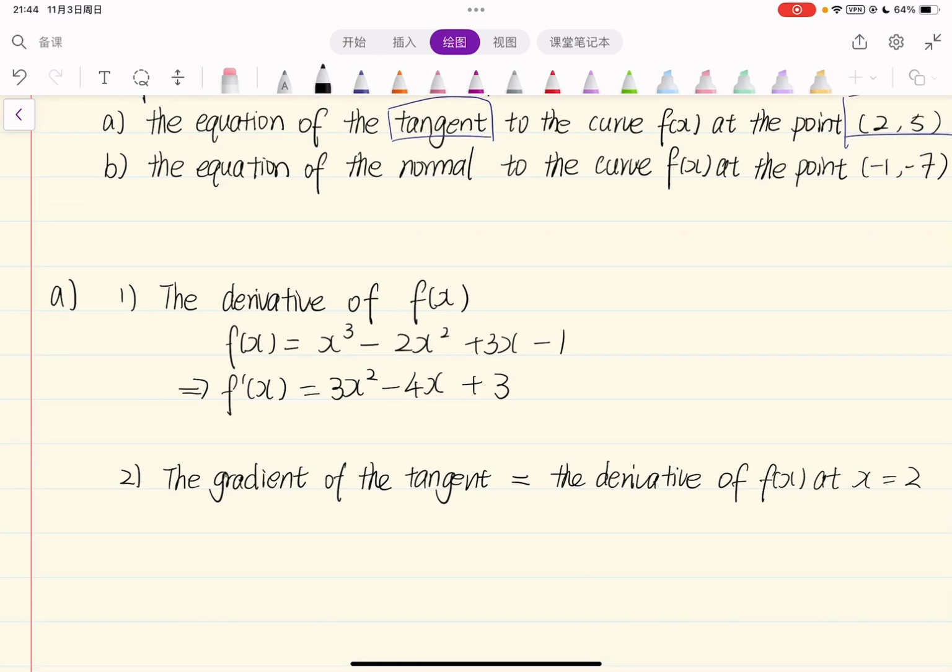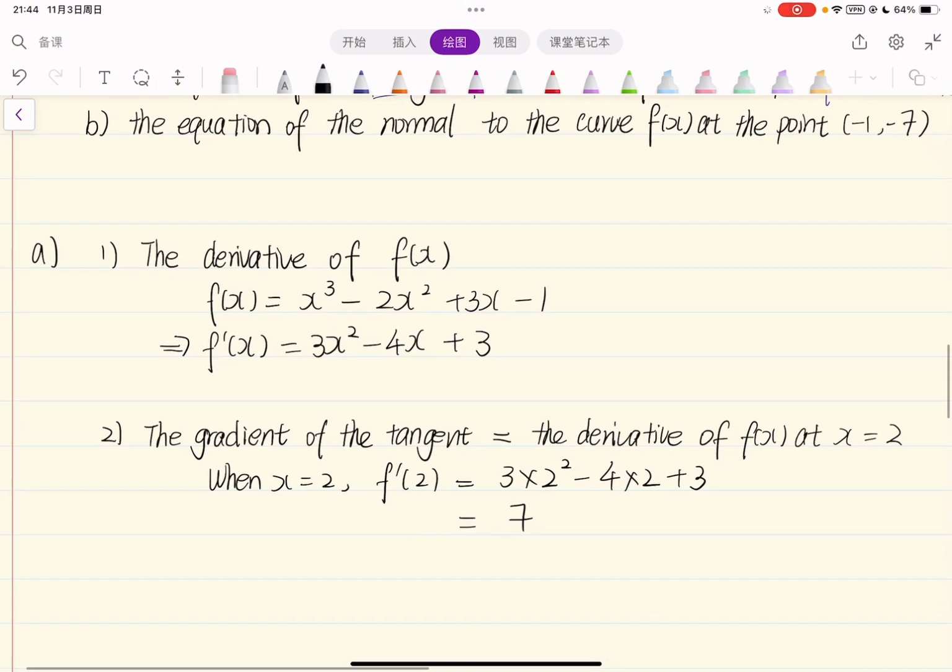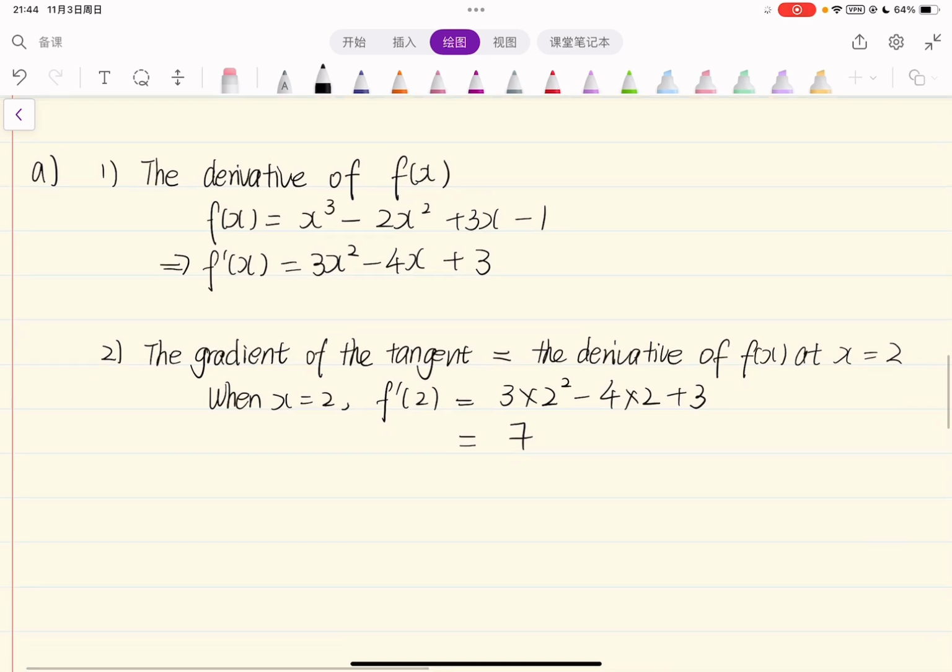Now let us write down, when x equals 2, f dash 2 equals 3 times 2 squared minus 4 times 2 plus 3. That equals 7. So we get the gradient of the tangent. Then we can write down the equation of the tangent at this point.